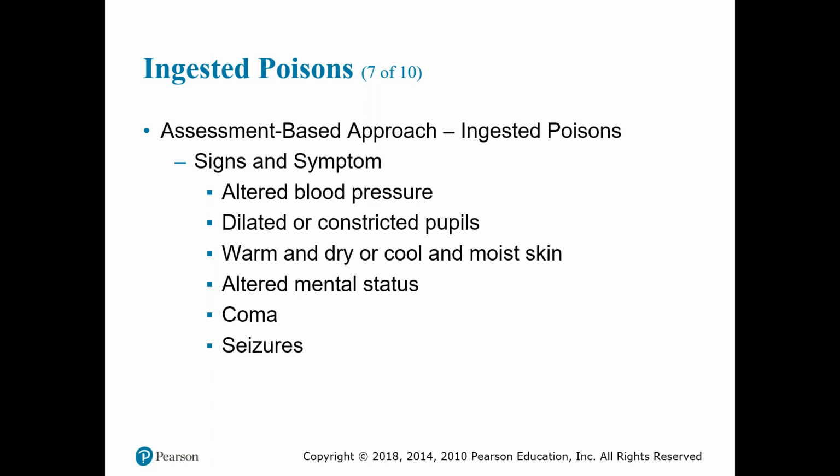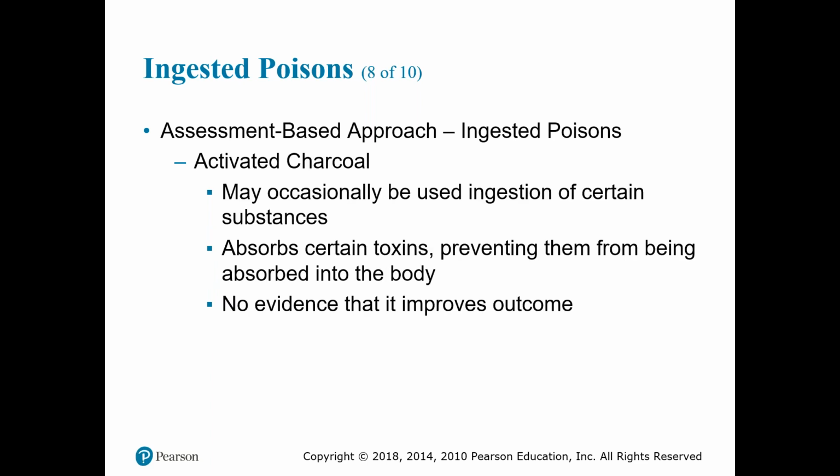Our ecstasy, our cocaine, they jack up the central nervous system, and we actually see blown or dilated pupils with that. Could also see coma, and we can also see seizures. Very common type of poisoning can cause seizures, or our bath salts and our synthetic marijuana. When that was a high drug craze, that caused a lot of individuals to actually go into a seizure.